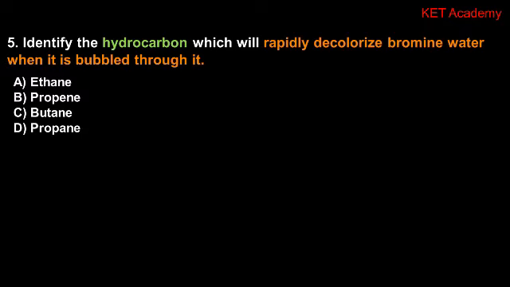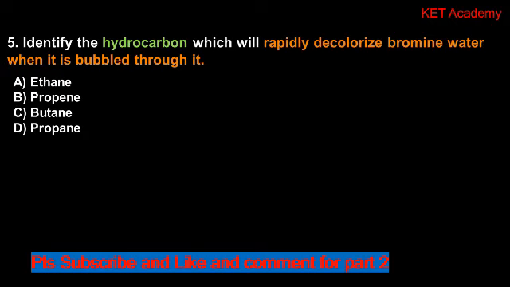Now if you look at options A, B, C and D, they are all saturated alkanes except B. B is an unsaturated hydrocarbon, which is an alkene.